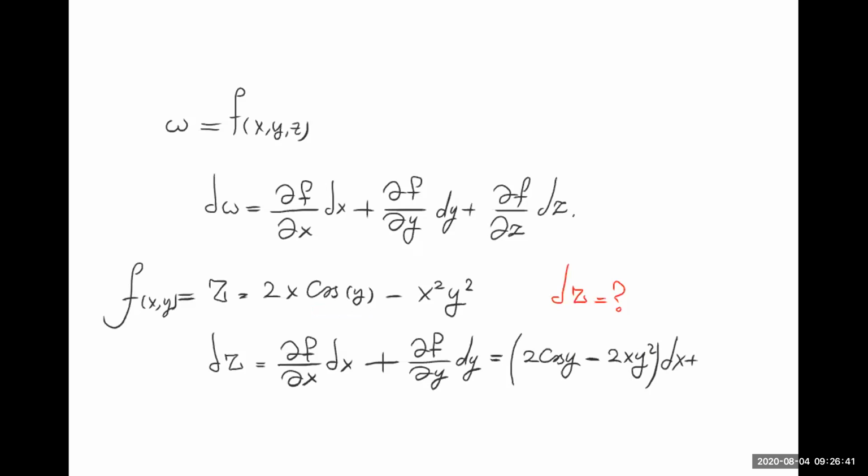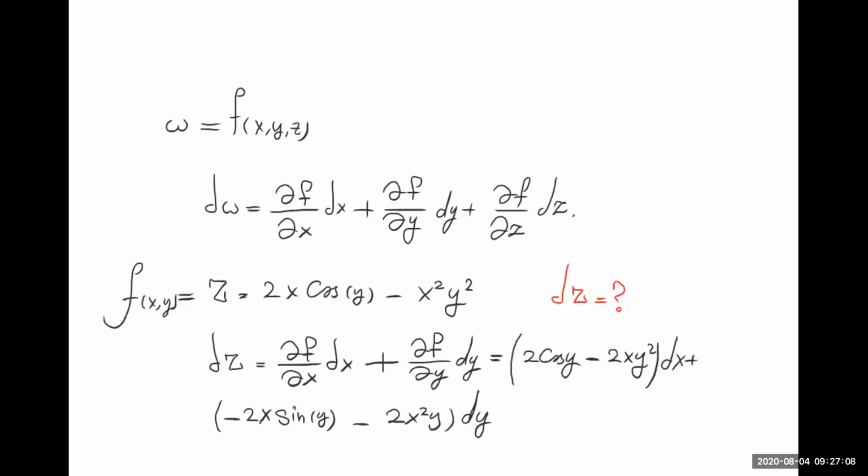Now I should compute the partial derivative with respect to y. I continue below here. The partial derivative with respect to y. Well, cosine of y, its derivative is minus sine of y. We have 2x as a constant coefficient 2. And then derivative of the second term is 2x squared y dy.